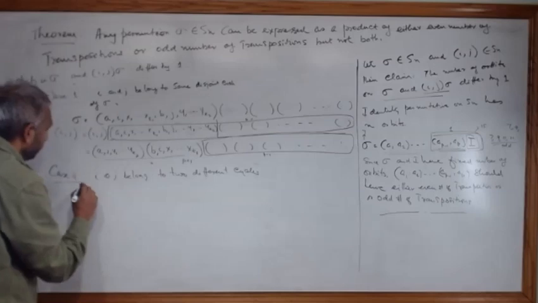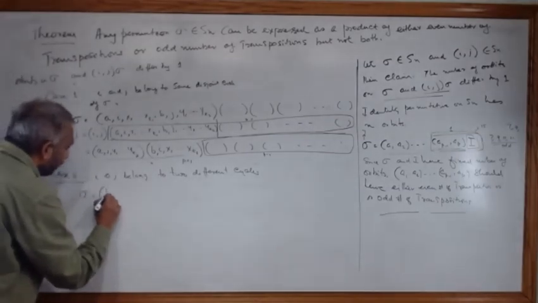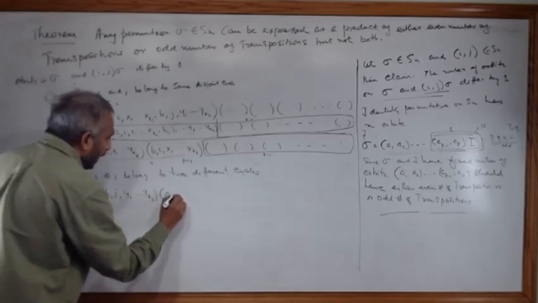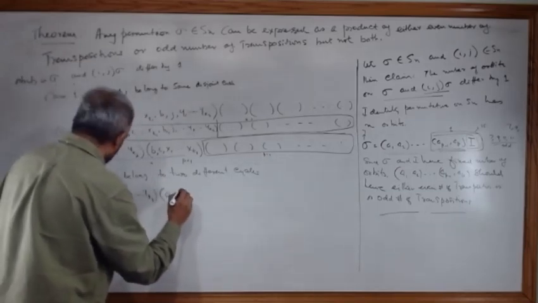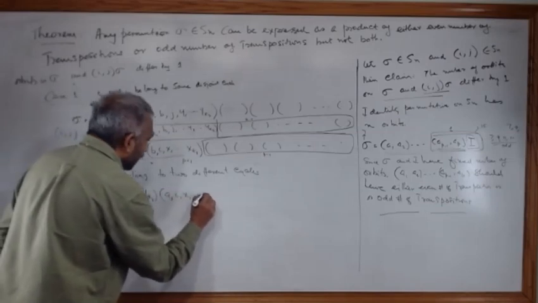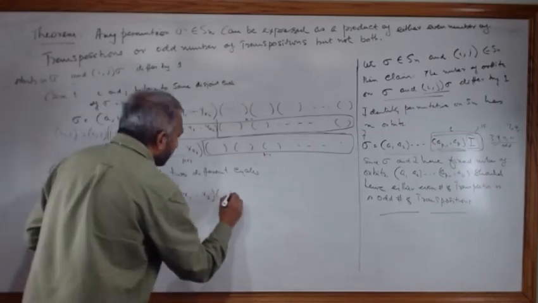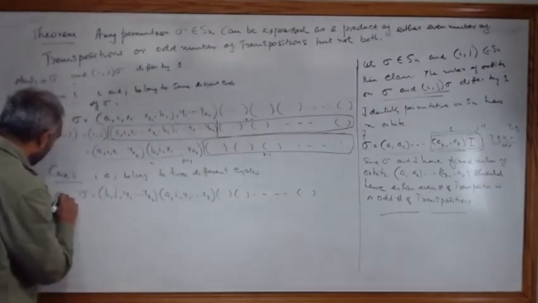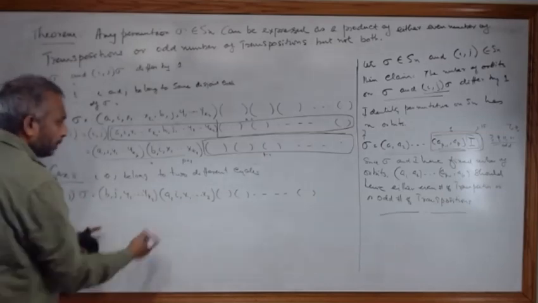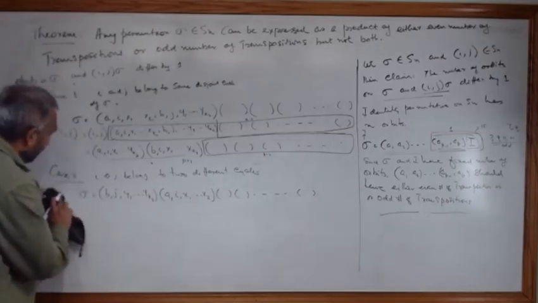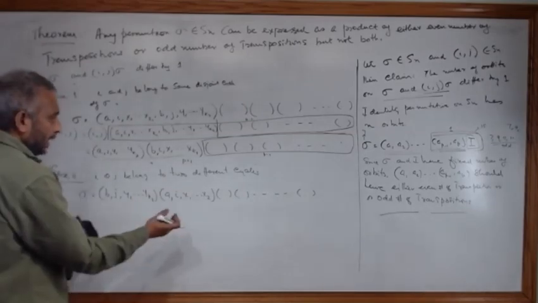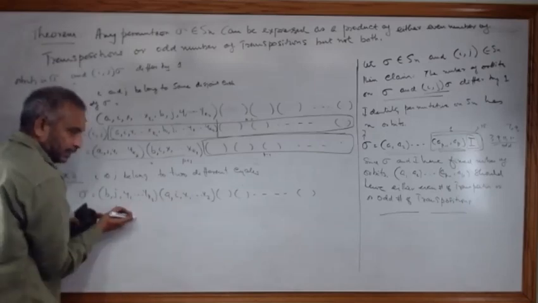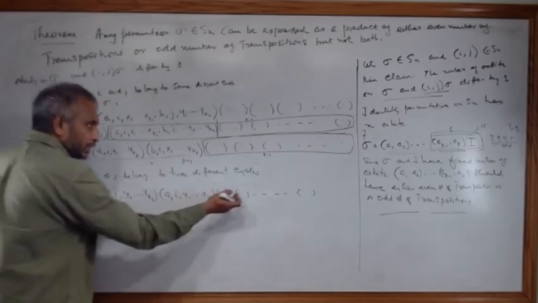So what I will do is sigma is equal to (b, j, y1, ..., yk2)(a, i, x1, ..., x2) plus, I will have several of these. Here i and j belong to different cycles, and I can bring them here any way you want, but I want to bring it like this because these are disjoint cycles.